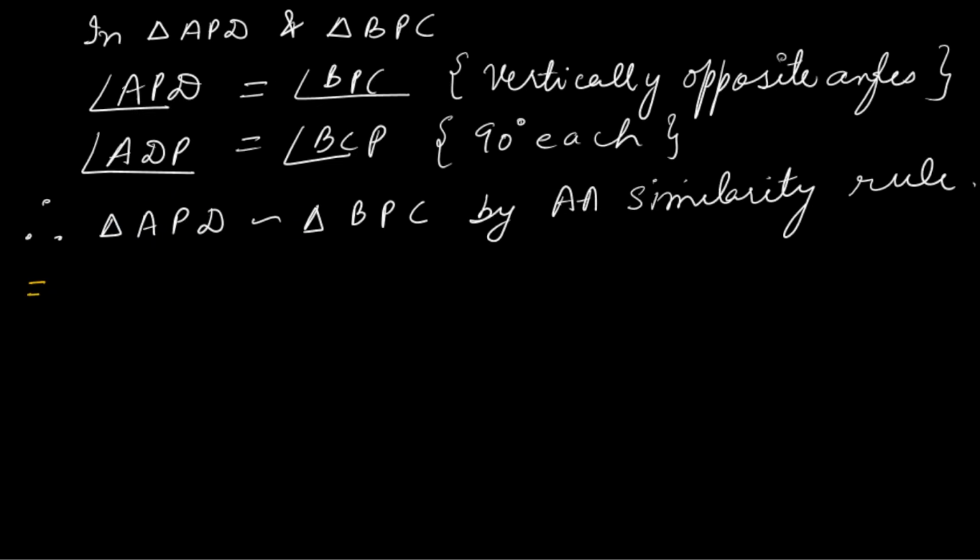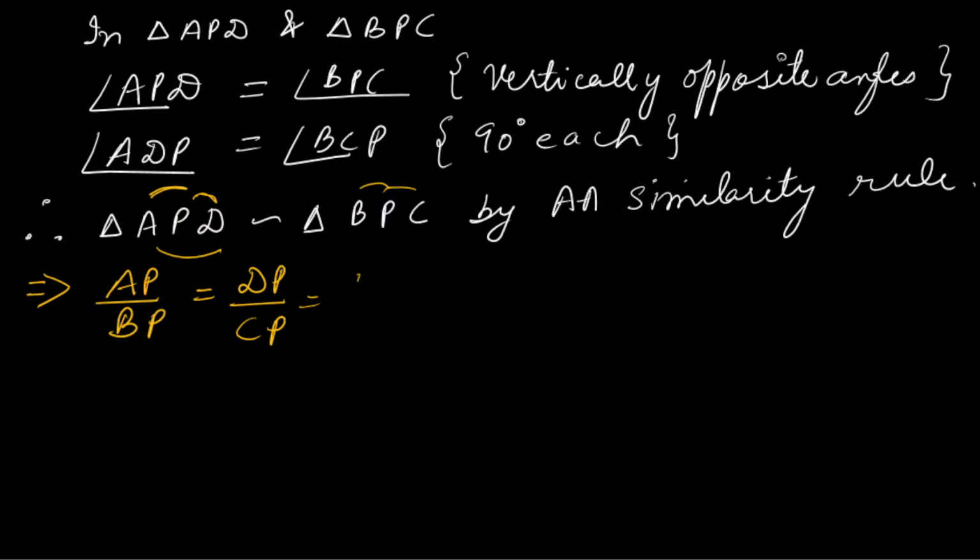We can now write the ratio of the corresponding sides. So I can write AP's corresponding side is BP, so AP by BP is equal to DP by CP, which is equal to AD by BC.